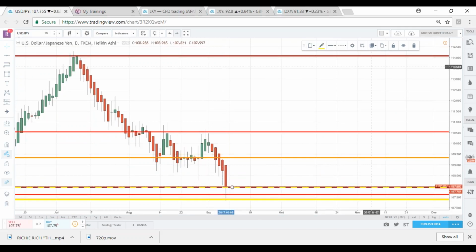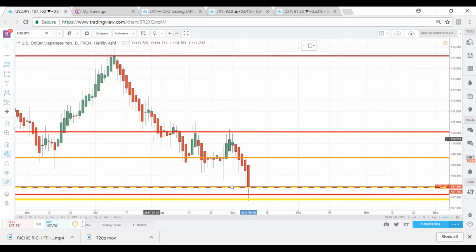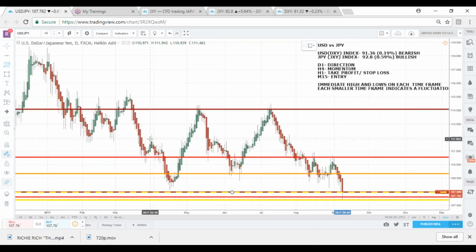So what we want to do now is start our fibs. If the market is going down, your fibs go from swing high to swing low.